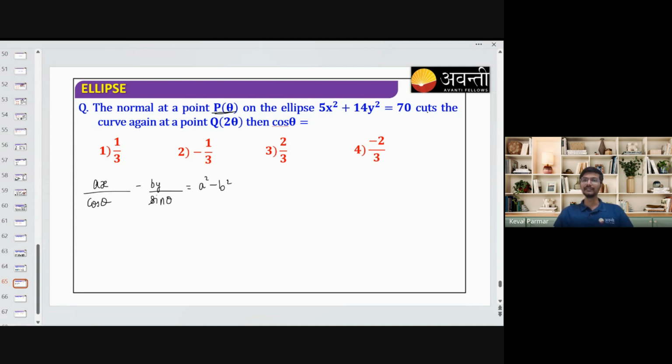Now, it is said that this normal, okay, let's find the value of a and b first. So we have to divide by 70. So we'll get the equation x square upon 14 plus y square upon 5 is equals to 1.